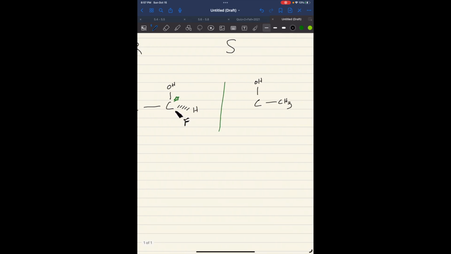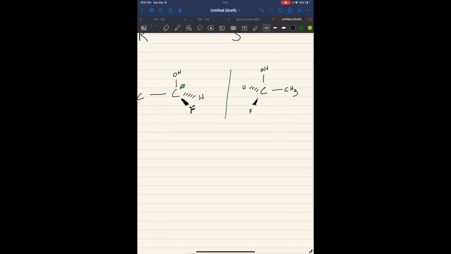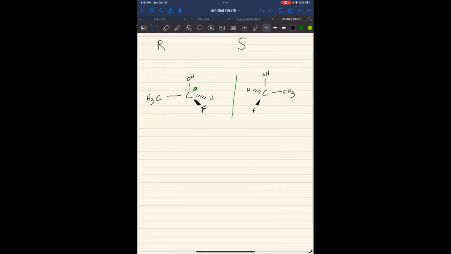You still have the fluorine coming out as a dash, and you still have the H going back into the plane. But even though you reflected it over its mirror image, it's non-superimposable, because if you try to rotate the molecule and put it back over itself, it's not going to fit exactly. And therefore, these are considered to be enantiomers of each other.